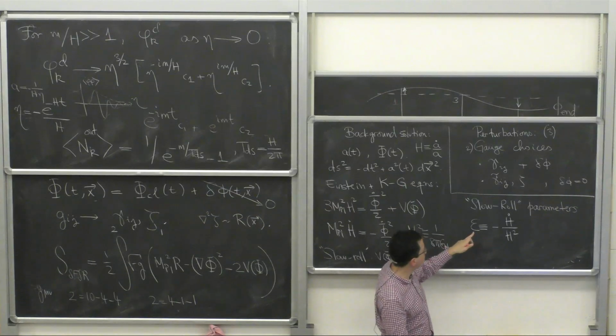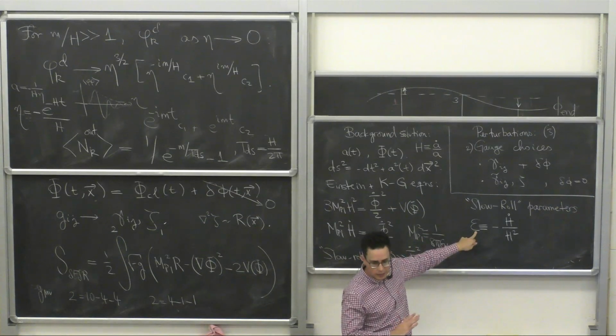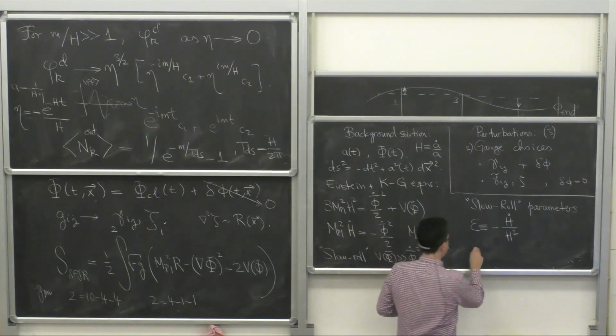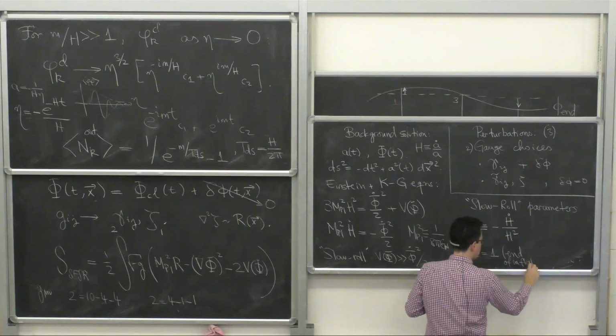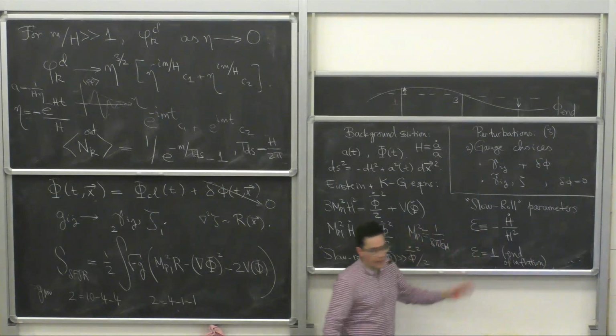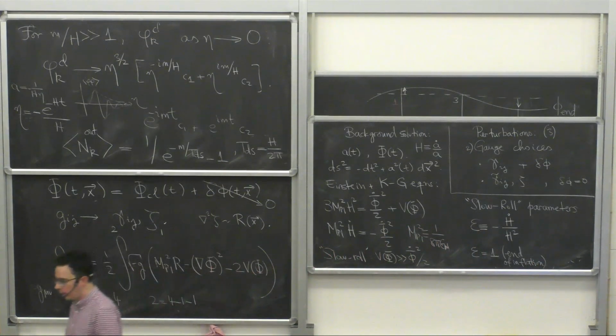And we are happy to have inflation as long as epsilon is less than 1. Okay, so epsilon equals 1 is the end of inflation. That's how we technically define inflation to be over.